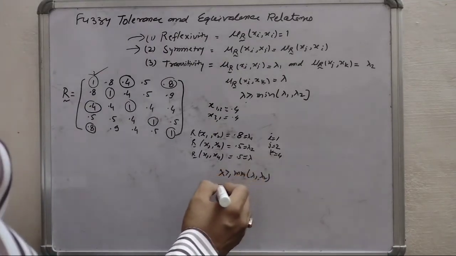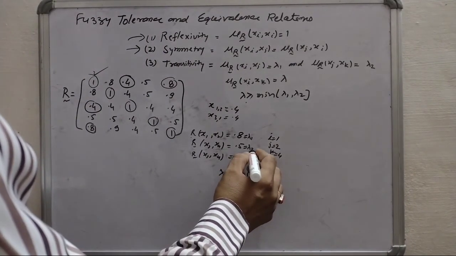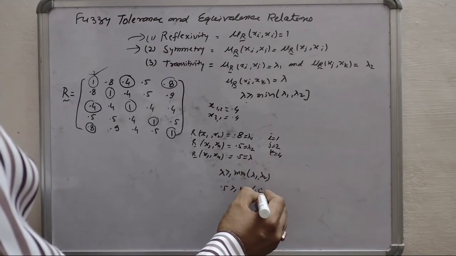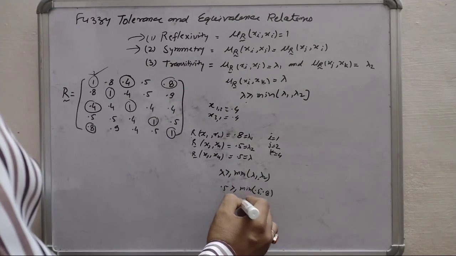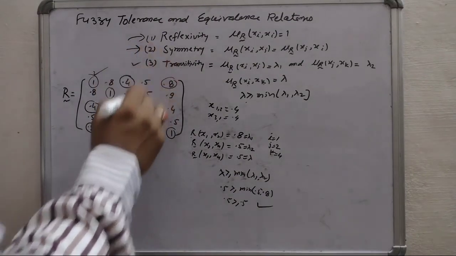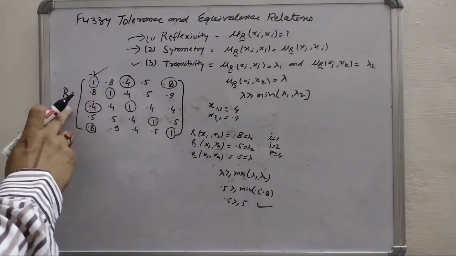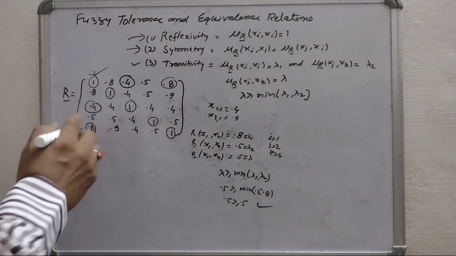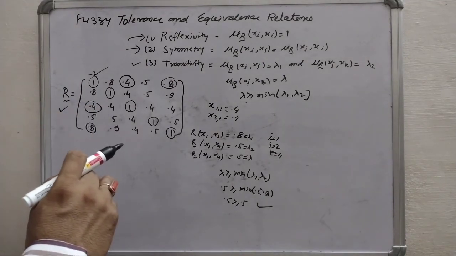So here lambda is 0.5, greater than or equal to the minimum of 0.5 and 0.8. 0.5 greater than or equal to 0.5, that is true. So transitivity is also there. So this relation matrix is holding all three properties. That's why we can say that this relation matrix is an equivalence relation.